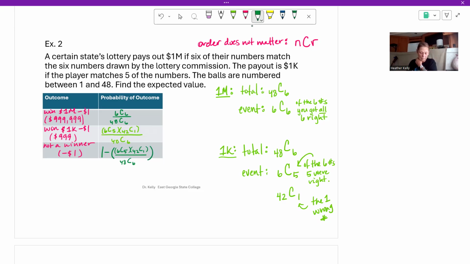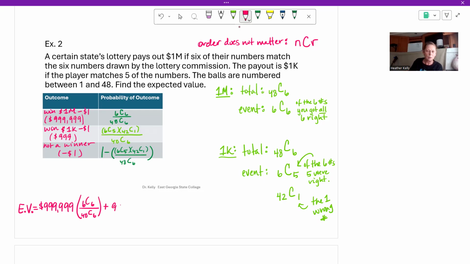Okay. And so we can put this all together in an equation. Now, I suggest you just roll it all together like this. Expected value is equal to 999,999 times this. It's better than trying to write all those numbers, especially since this is going to be in scientific notation, which is an absolute nightmare to mess around with.